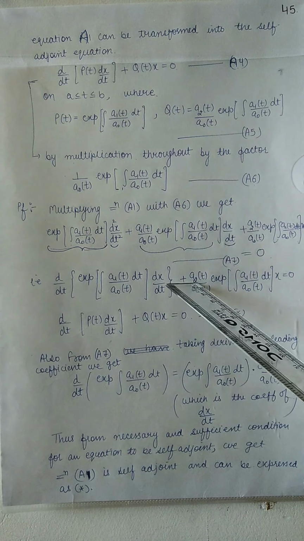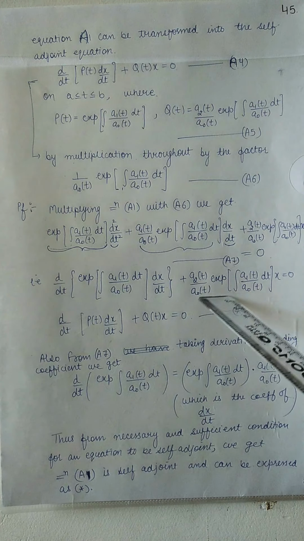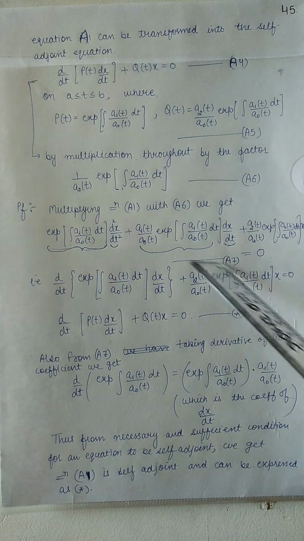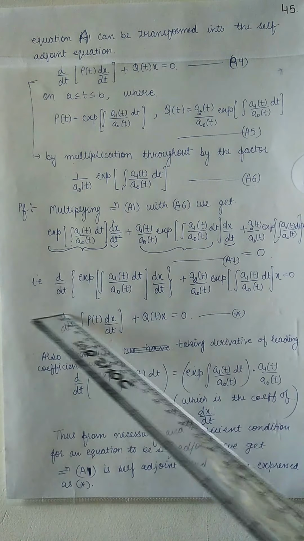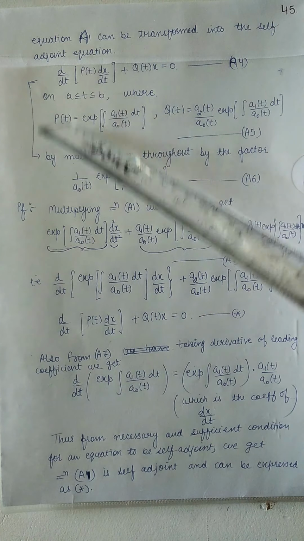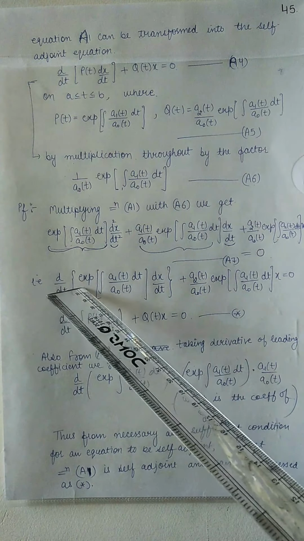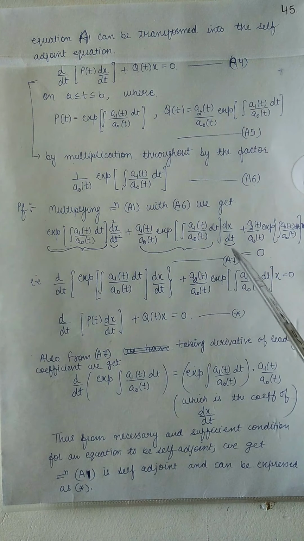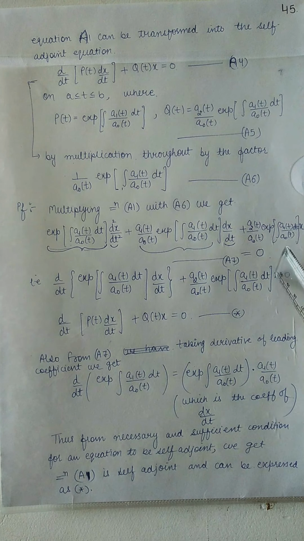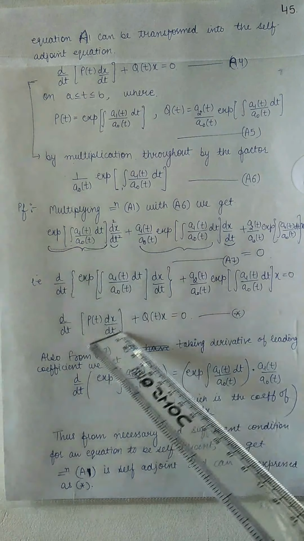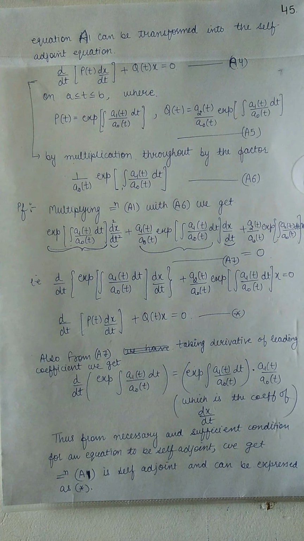The remaining term is a2(t)/a0(t) exponential of the integral of a1(t)/a0(t) dt into x, equal to 0. This is the required self-adjoint equation, where p(t) is the exponential of the integral of a1(t)/a0(t) dt and q(t) is given by all this term except x. So we get the required form, and this completes the proof.